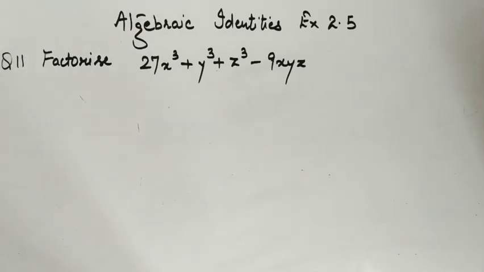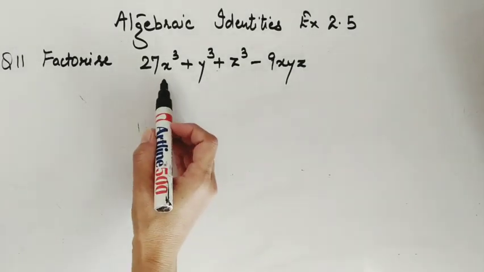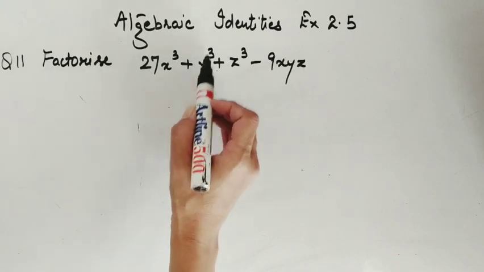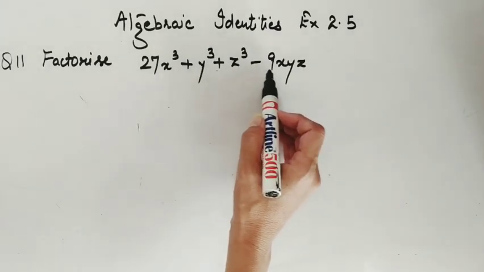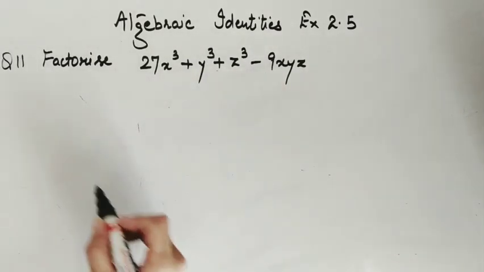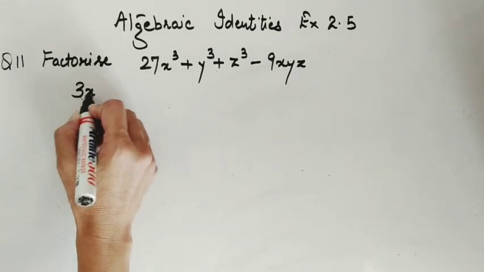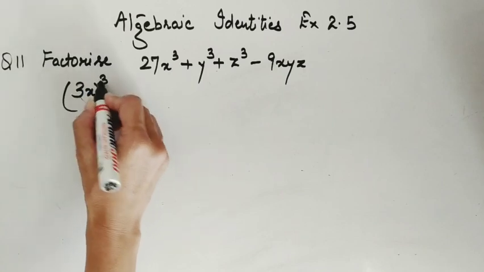Let's check the application of the identity we have just now discussed. This is something of the same form: a cube plus b cube plus c cube minus 3 times abc, if it can be written in that form. We know 27 is a perfect cube of 3, so it's 3x whole cube.